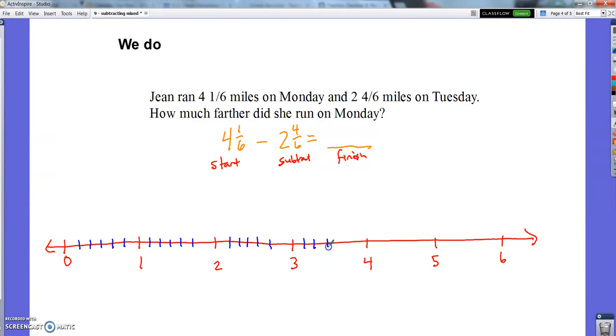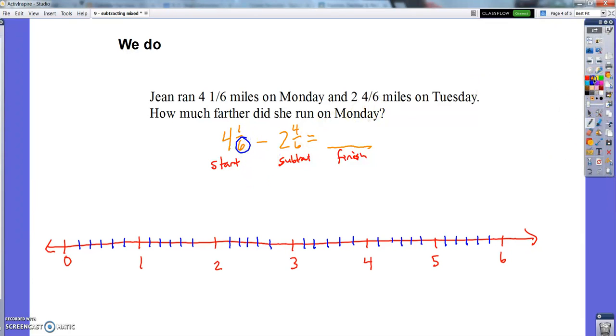So now I have sixths all through my number line, and I picked that because that's my denominator.